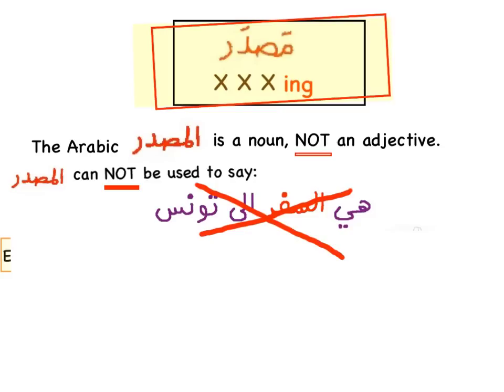It's the equivalent of an infinitive, so it has to be pure. The sentence does not express time or the fact that it's an ongoing action, as would هي تسافر إلى تونس, she is traveling to Tunis. We cannot use مصدر instead of a verb.